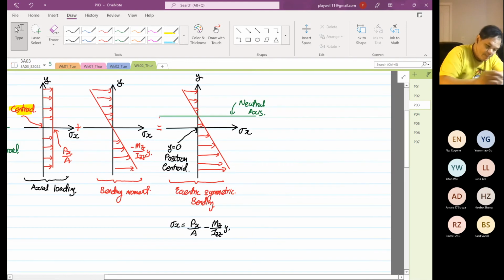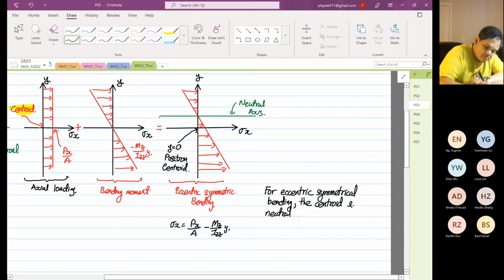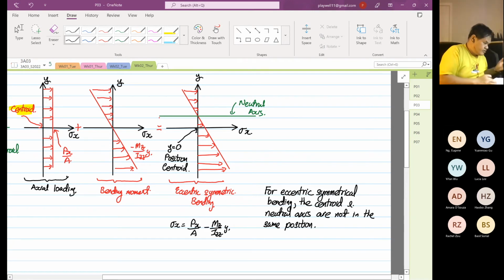So for eccentric symmetrical bending, the centroid and neutral axis are not in the same position. Okay, they are not in the same position at all.